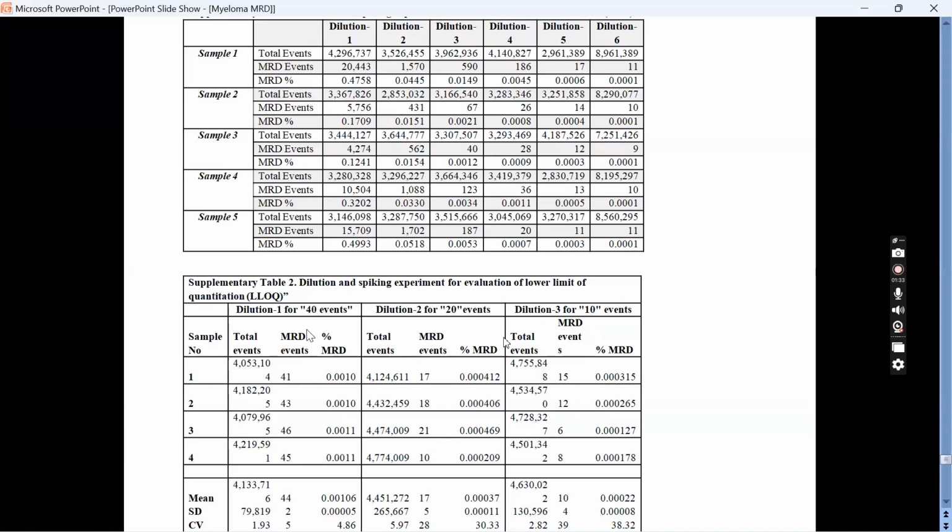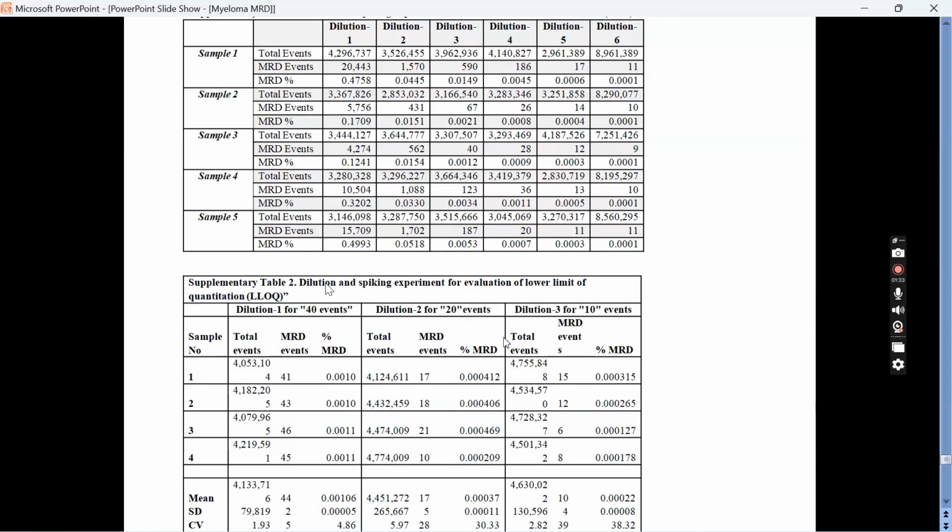Challenging. See, I'll tell you what, many people are doing MRD. But if you ask me how many people have done these LOD, LLOQ experiments, it may be some in India. I don't know how many would have done. Maximum 10, 20, 10 people, 10 labs. Because now what they do is, based on published papers, they take 50 events. When you are using 50 events as your LLOQ, you need not do this.